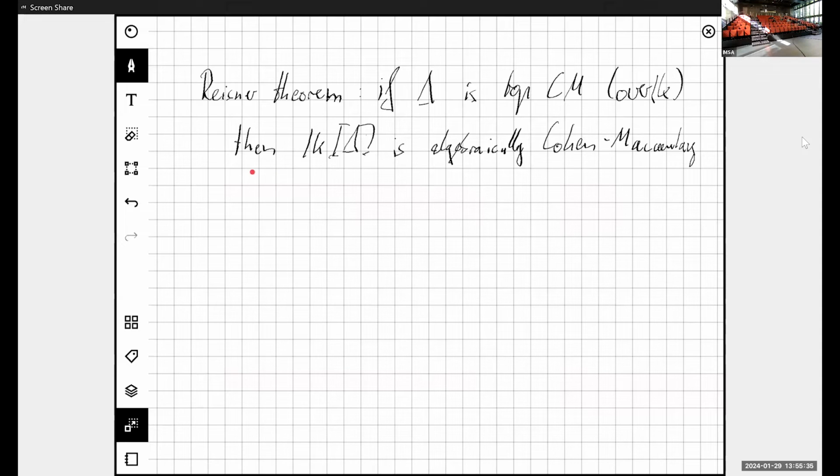And again, this is over K. All right, so specific to the field, not specific to the characteristic at least, and vice versa.